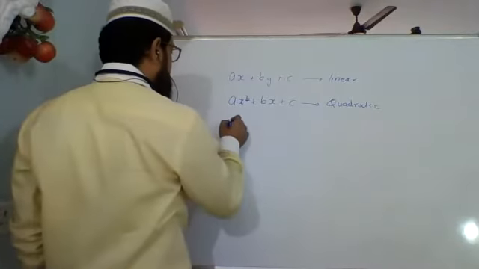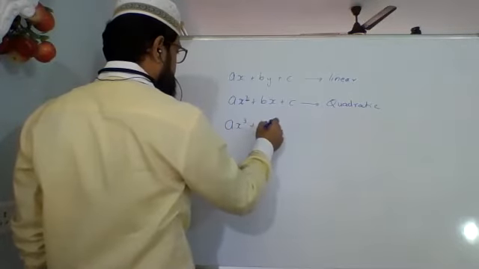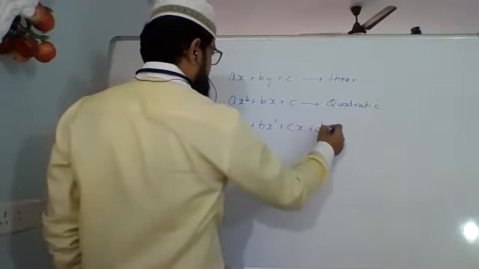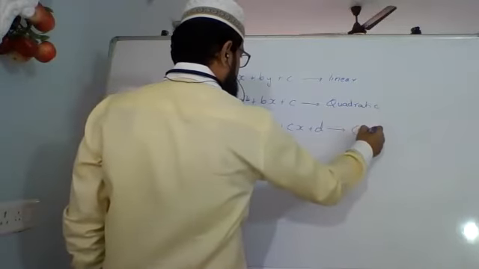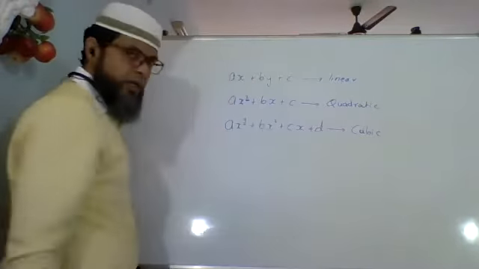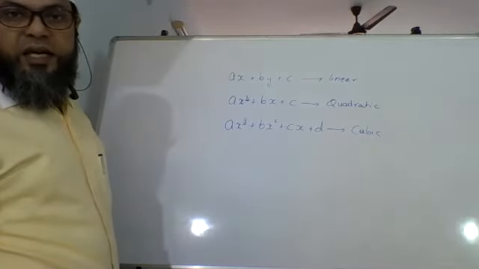Similarly, something like this will be called a cubic polynomial, as the power or the degree of the variable or the index is 3.